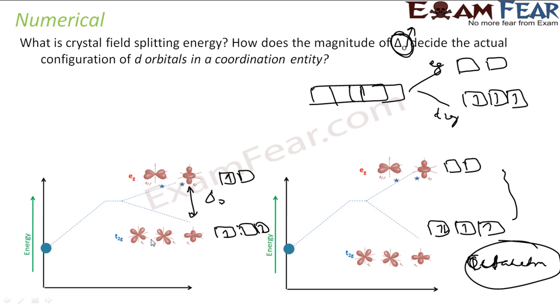After the 3 electrons are filled in t2g, the 4th electron may either go to eg or may pair in t2g. This will depend on delta. If delta naught is less than P, the pairing energy, then pairing will not happen. If delta naught is higher than P, the pairing will happen. And this will actually decide the configuration of the orbitals.